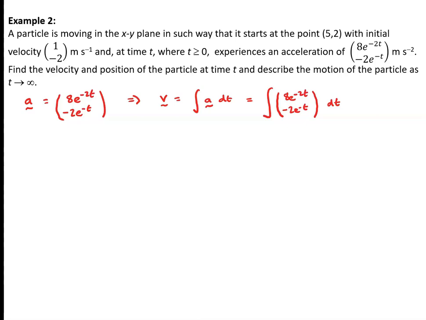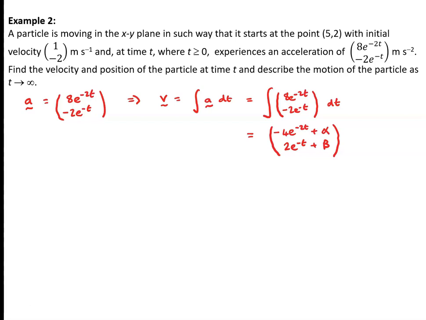If we integrate 8e to the minus 2t, we obtain minus 4e to the minus 2t plus a constant alpha. If we integrate minus 2e to the minus t, we obtain 2e to the minus t plus a constant which we'll call beta.